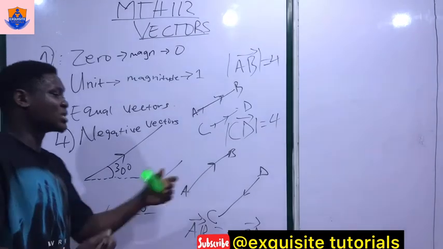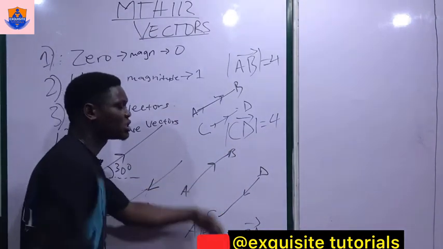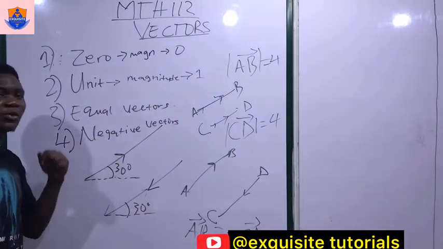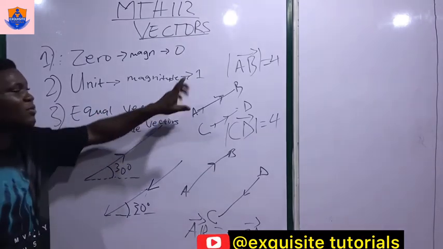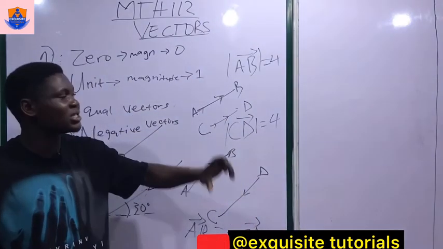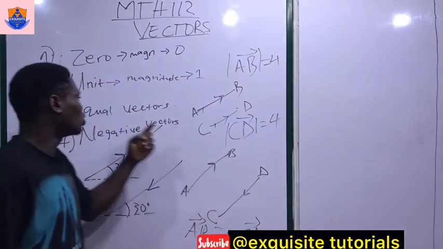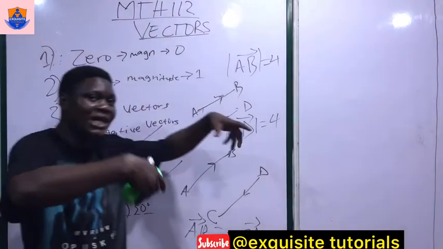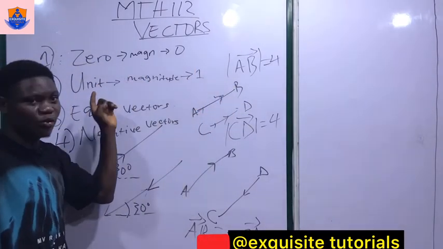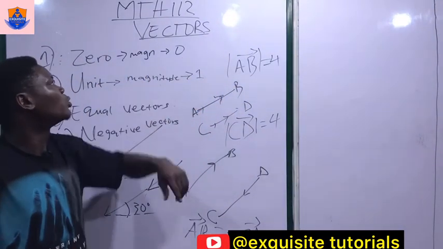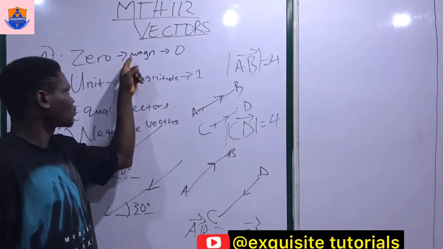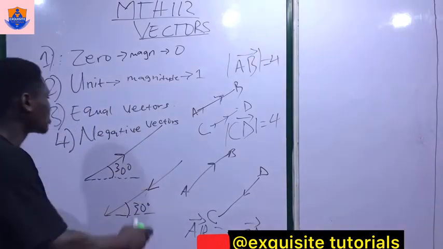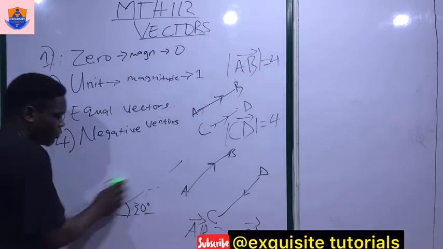They have the same size, but opposite directions, so they are called negative vectors. But when they have the same size and also the same direction, they are called equal vectors. When the size is 1, they are called unit vectors. When the size is 0, they are called zero vectors. So let's move to the next type of vector.